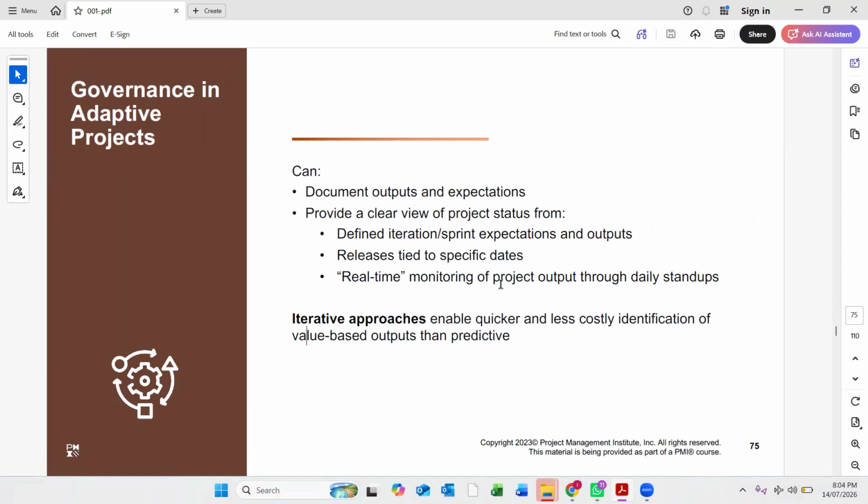There should be iterations or sprints with expectations and outputs. Those iterations and sprints should have expectations and what the output will be. It should be written down.